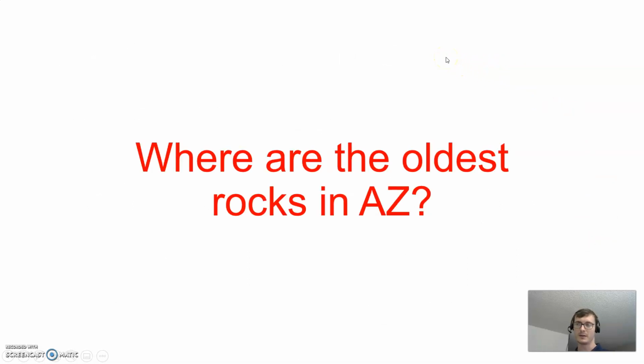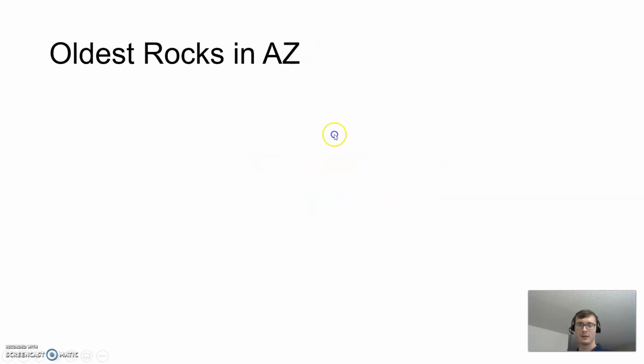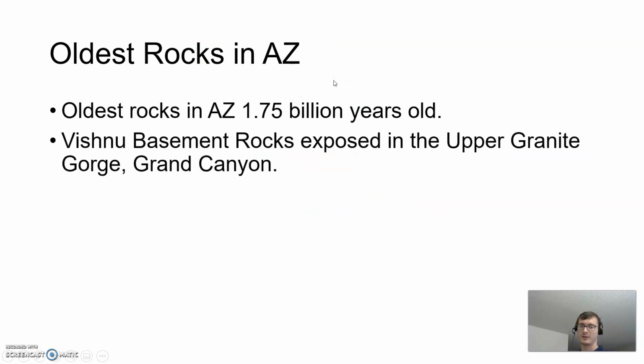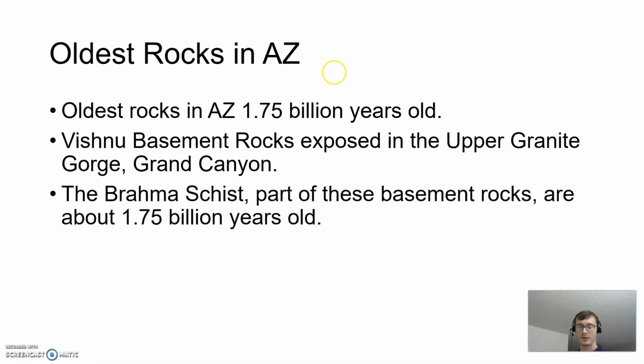Let's talk first for a moment about what the oldest rocks are in Arizona. Take a moment to think about where these might be. As you might have guessed, these are 1.75 billion year old rocks which are exposed at the bottom of the Grand Canyon, Upper Granite Gorge.